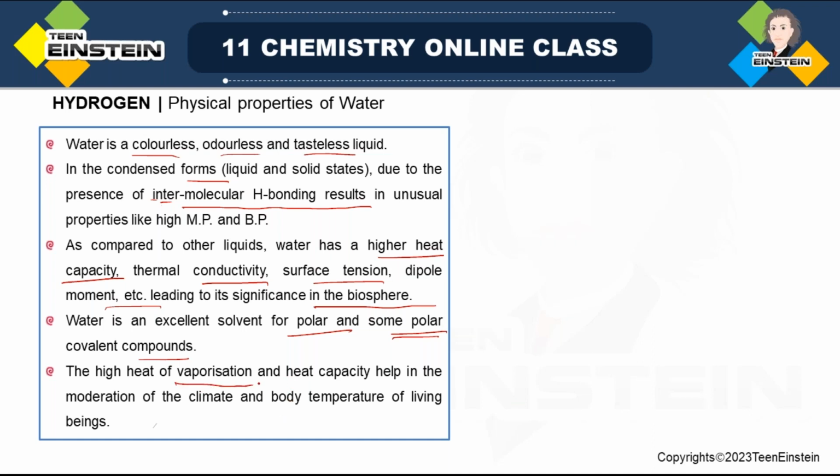High heat of vaporization: the heat that should be applied to a particular amount to convert it from liquid to vapor form, or you can say the enthalpy of vaporization. That value is very high, and along with the high heat capacity, these two help in the moderation of climate and body temperature of living beings.